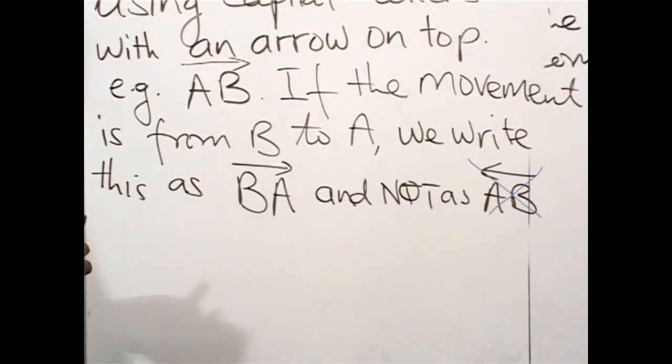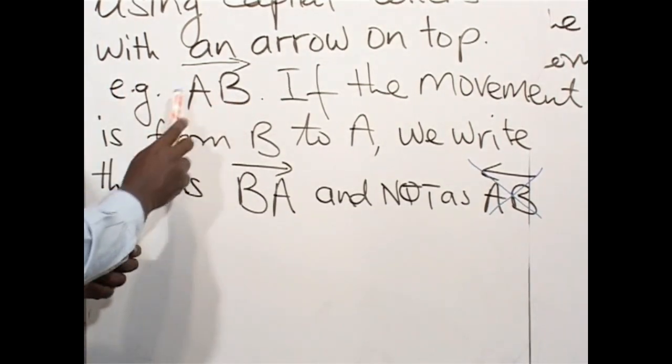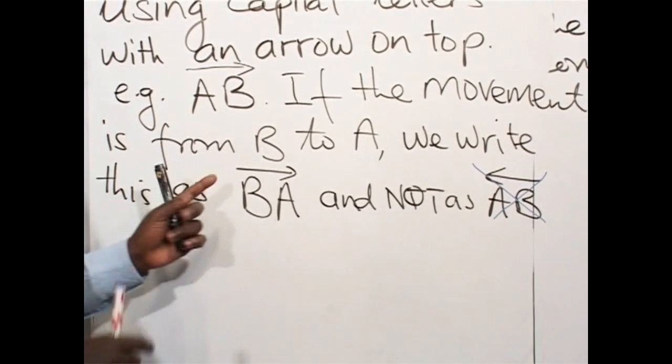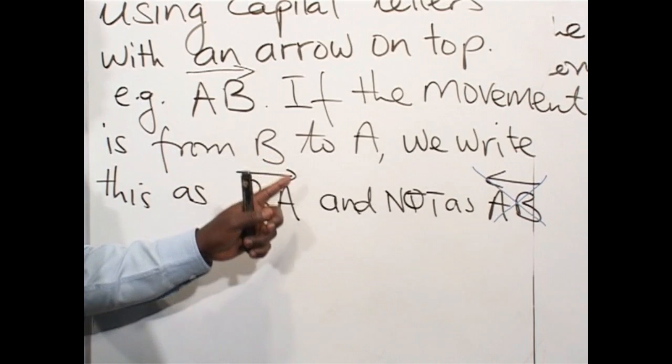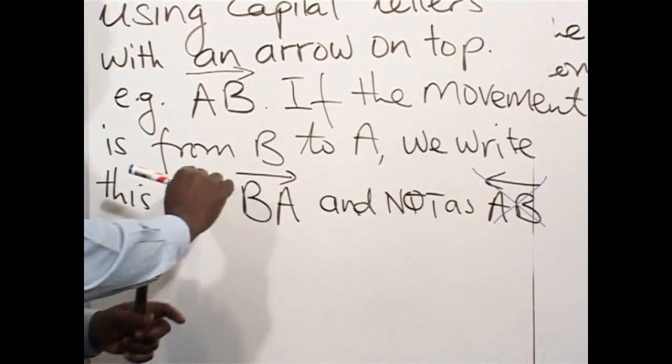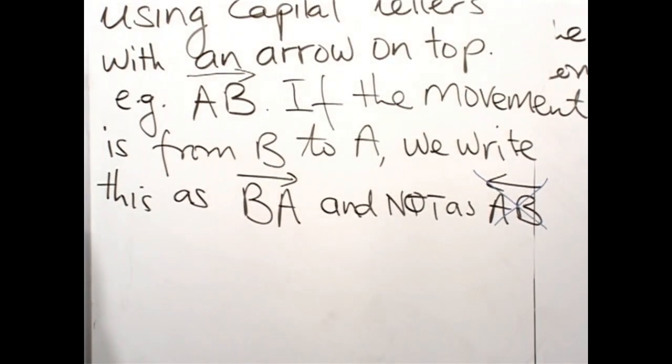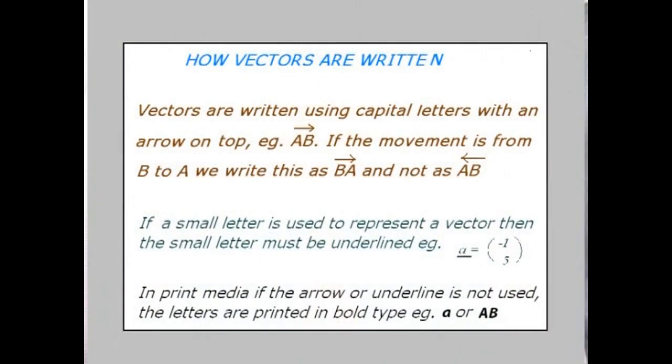So even if you are moving from B to A, we'll start with the letter B, and then the end point is A. So take note, the arrow is always written pointing to the right and not backwards. We have said vectors are written using capital letters. There are times when you see a vector written using a small letter.